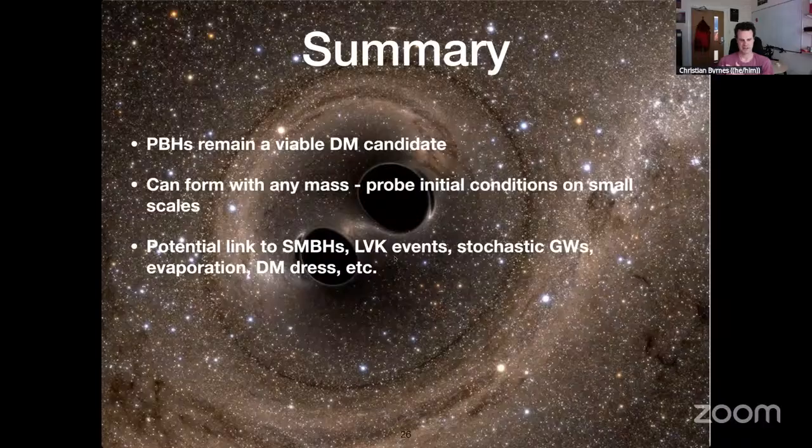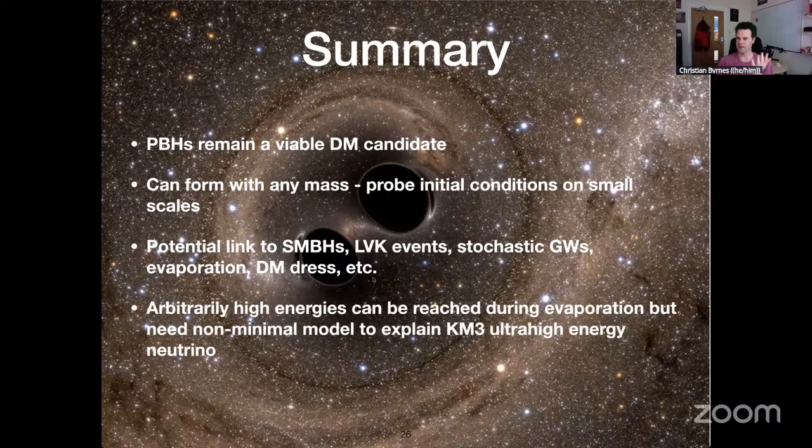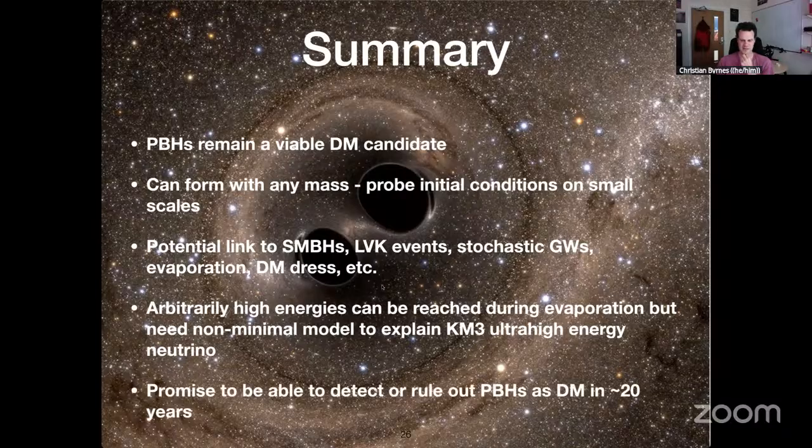The LIGO-Virgo-KAGRA events, pulsar timing arrays, evaporation. Arbitrarily high energies can be reached, but again, hard to explain the ultra-high energy neutrino. And in my view, within of order a decade, perhaps 20 years, we should really be able to rule out or detect primordial black holes as all the dark matter, unless they're relics.